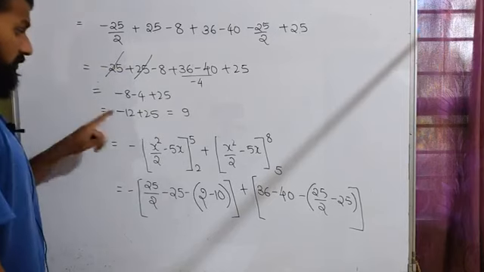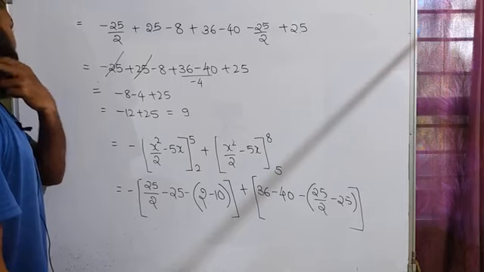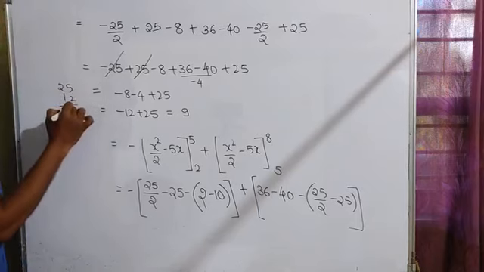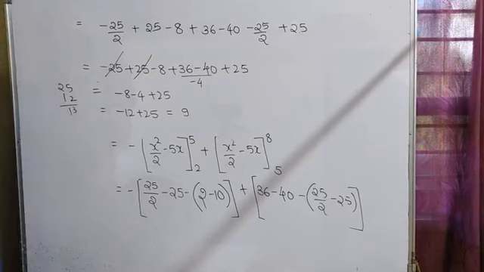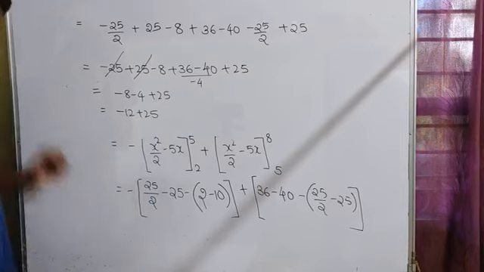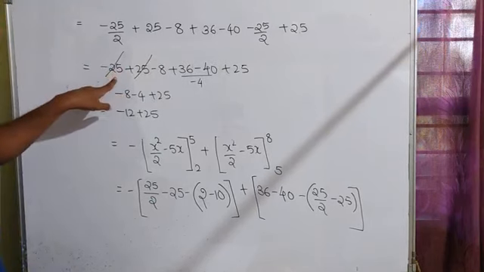Yes or no? Because 25 minus 12, so this will be 3, no, it's coming 13. Yes or no? So somewhere again some mistakes. Yeah, I think minus 25 by 2 minus 25 by 2 will be minus 50 minus 25.